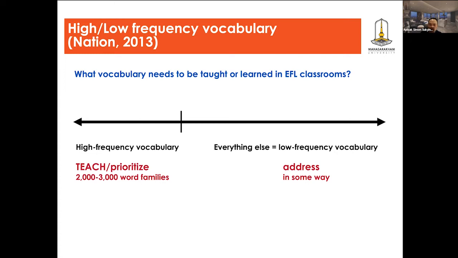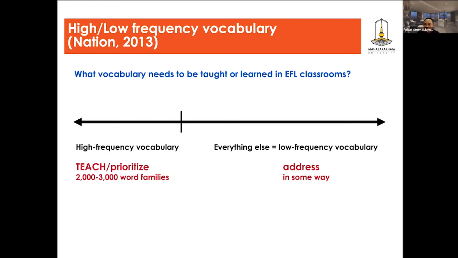But what about the other words, the words beyond the first 2,000 or 3,000? Based on Nation, these are low frequency vocabulary. So do we need to teach them? We may not teach low frequency words explicitly.